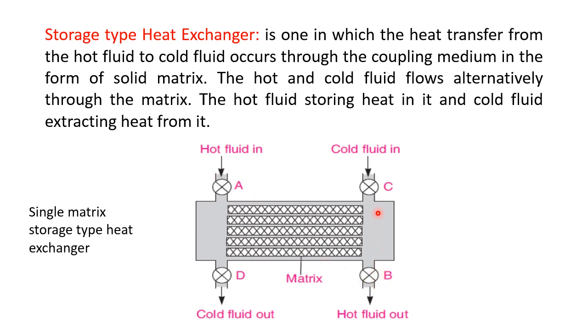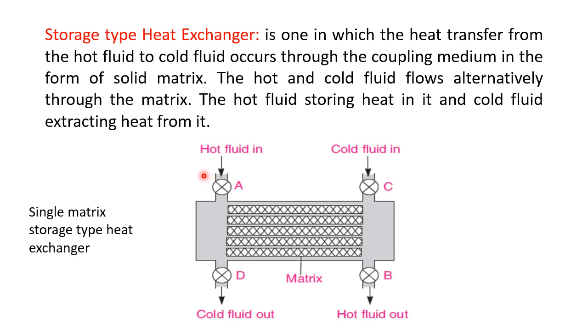At the same time, wall C and wall D are kept closed. So the hot fluid is entering through wall A and wall B, whereas through wall C and wall D, the cold fluid is entering.